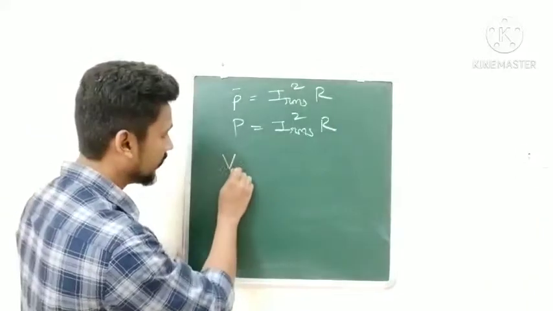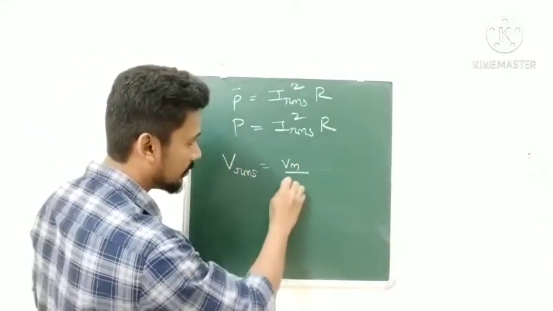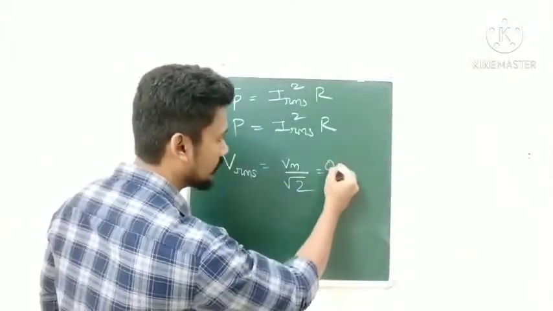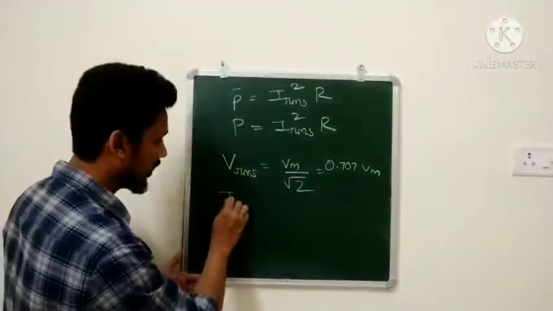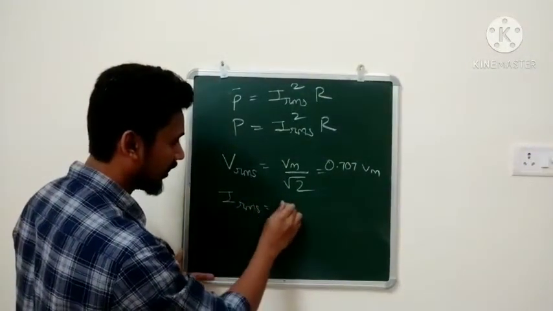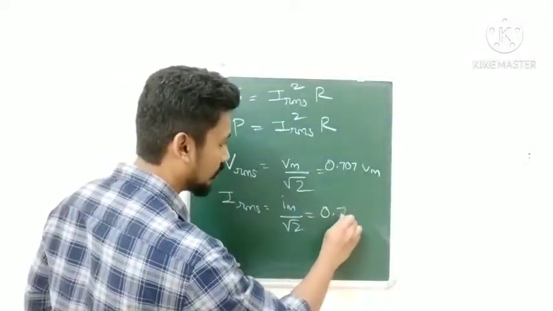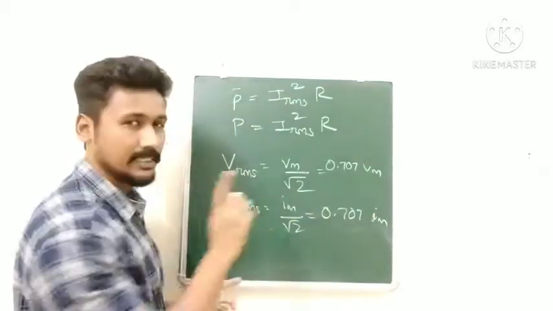So we can write VRMS as equal to Vm divided by root 2, which is equal to 0.707 Vm. Similarly, IRMS we can write as Im by root 2, which is nothing but 0.707 Im. Okay, these things you will remember.